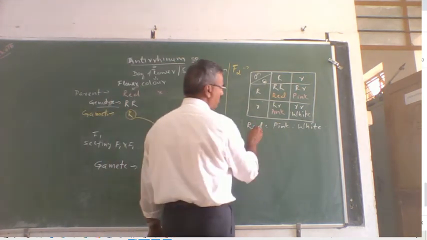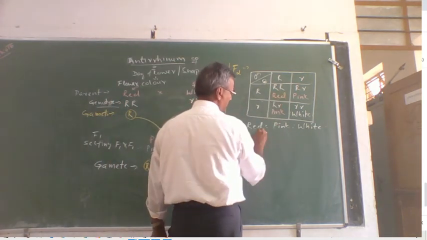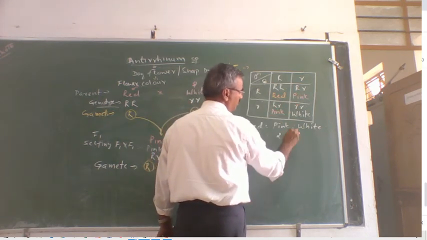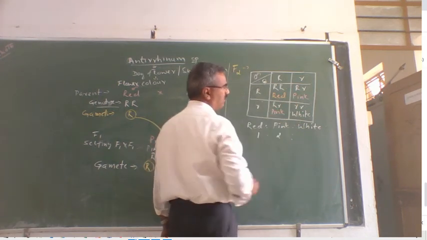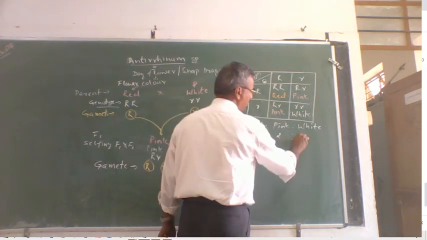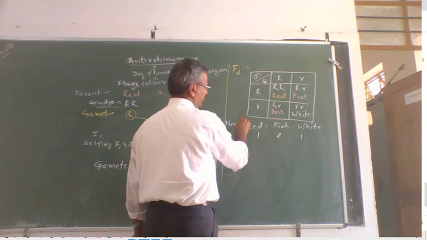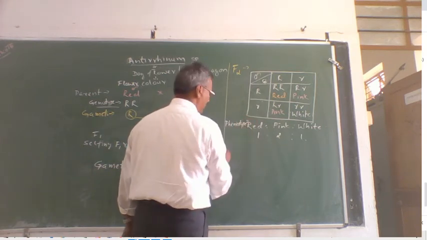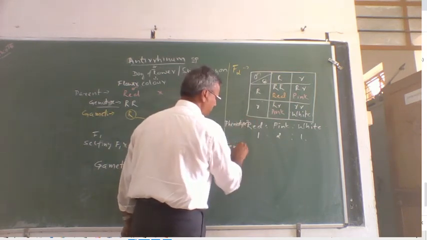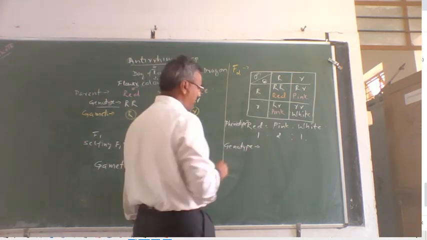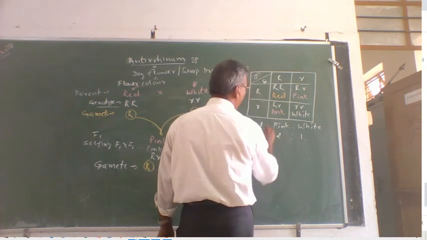So how many red are there? One. Pink, two. And white, one. This is the phenotypic ratio. And if you take the genotype, what is the genotype?